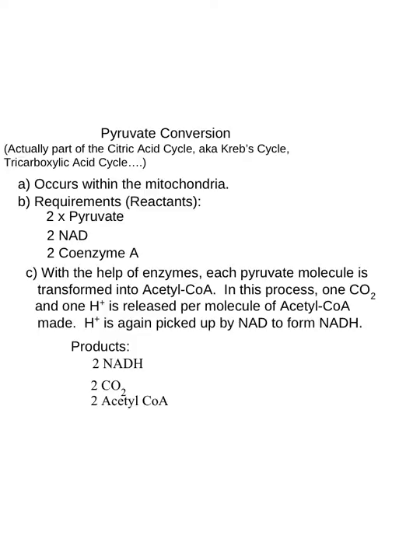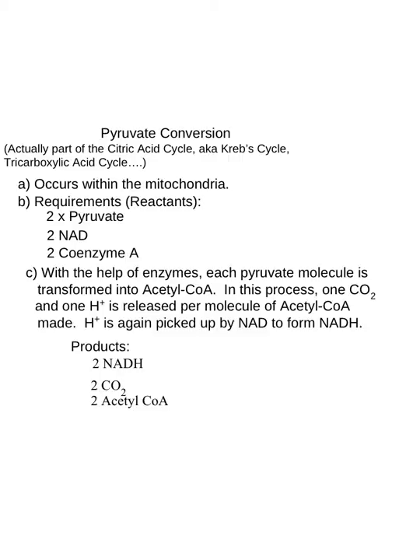The next set of reactions are called the Krebs cycle reactions, and they were originally discovered, kind of worked out, by a guy called Hans Krebs in the 1930s. They're also referred to as the citric acid cycle or the tricarboxylic acid cycle. You can call them any of those three and be perfectly fine.